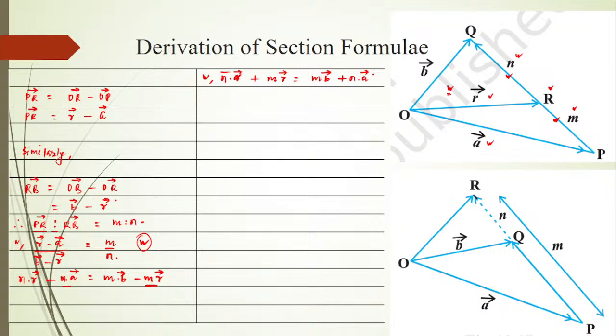Now we take vector r common: vector r equals m into vector b plus n into vector a, by m plus n. I hope there is no problem understanding up to this step. So this is the derivation of the section formula for the internal division.